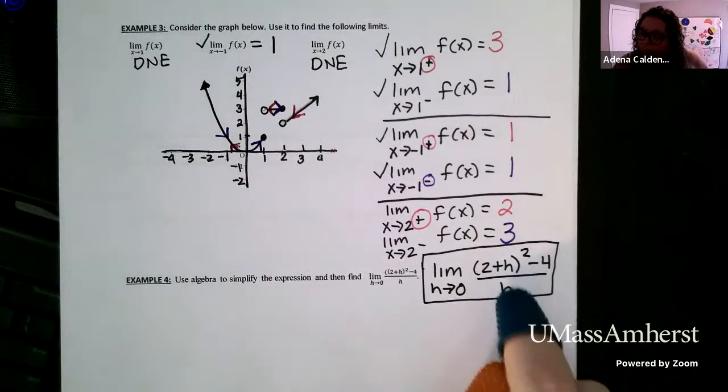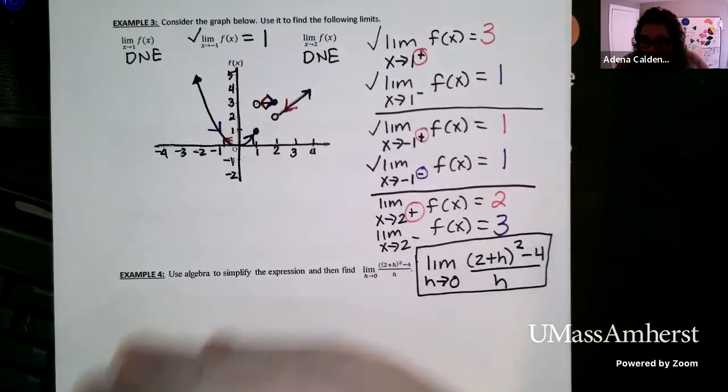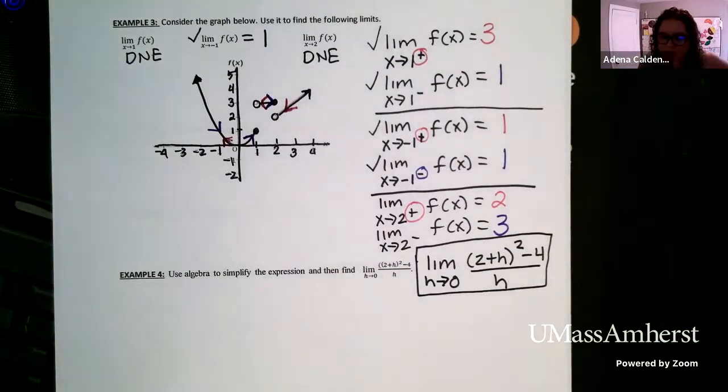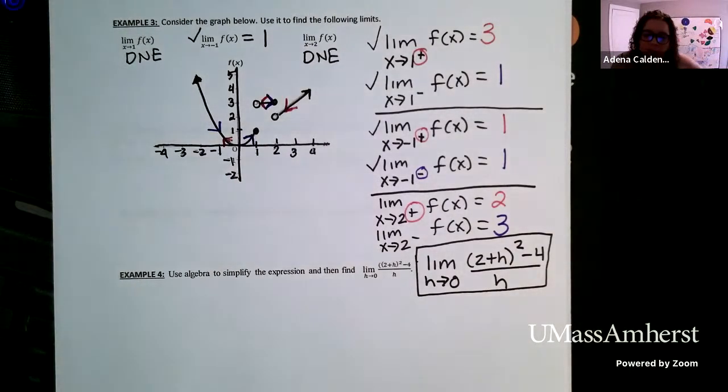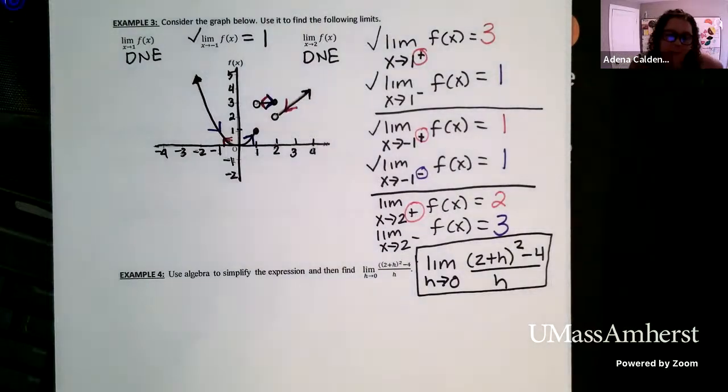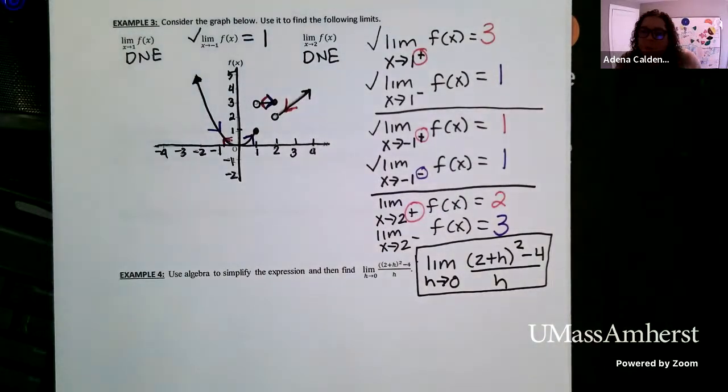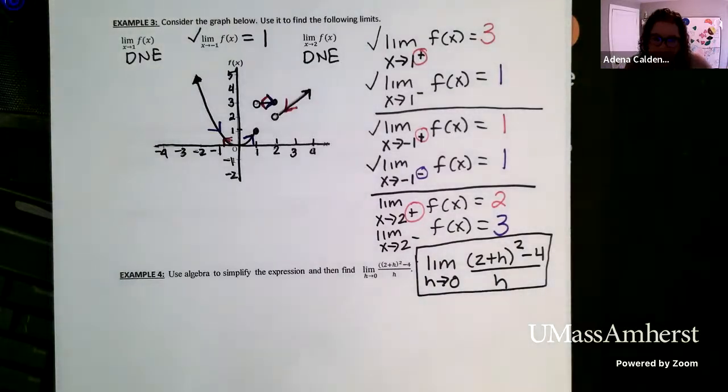And you could plug them in for h and create that chart with the dependent values. However, you are also able to simplify algebraically first. And so that's what we're going to try here. And the benefit of doing that is that when you go to plug in those values later, it's just easier to plug them in so you don't make a mistake.